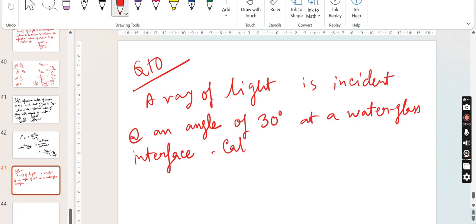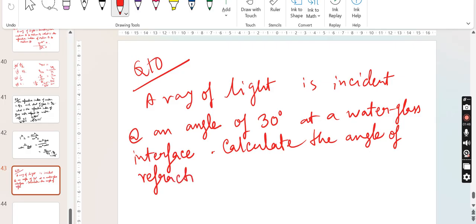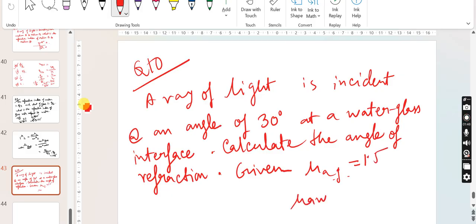Calculate the angle of refraction, given mu air glass is 1.5 and mu air water is 1.3.